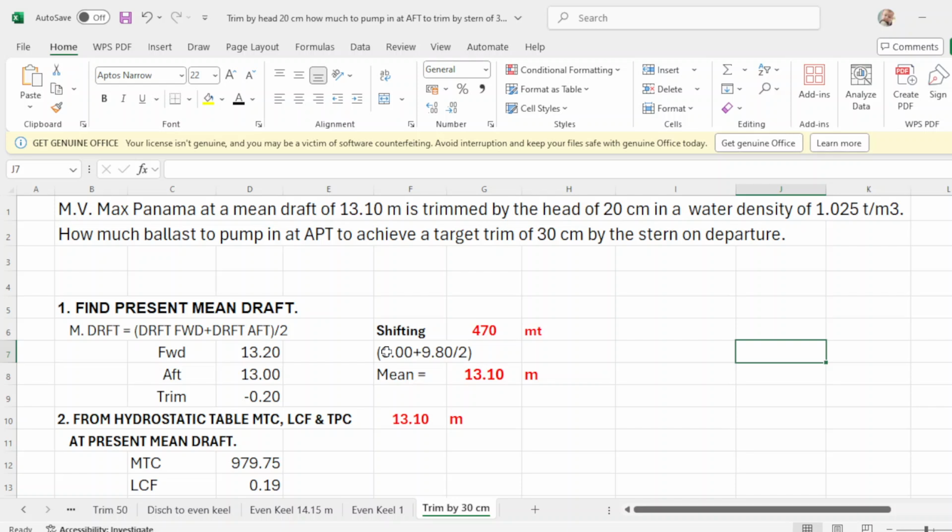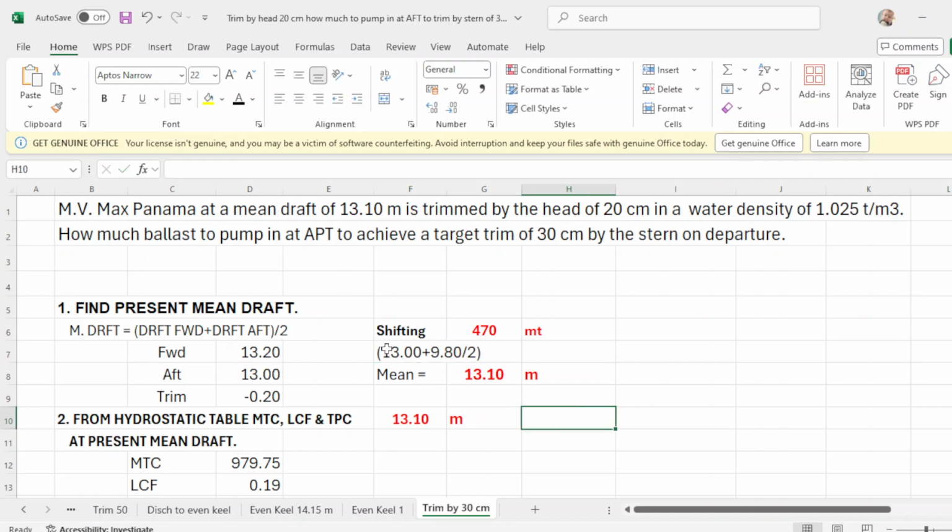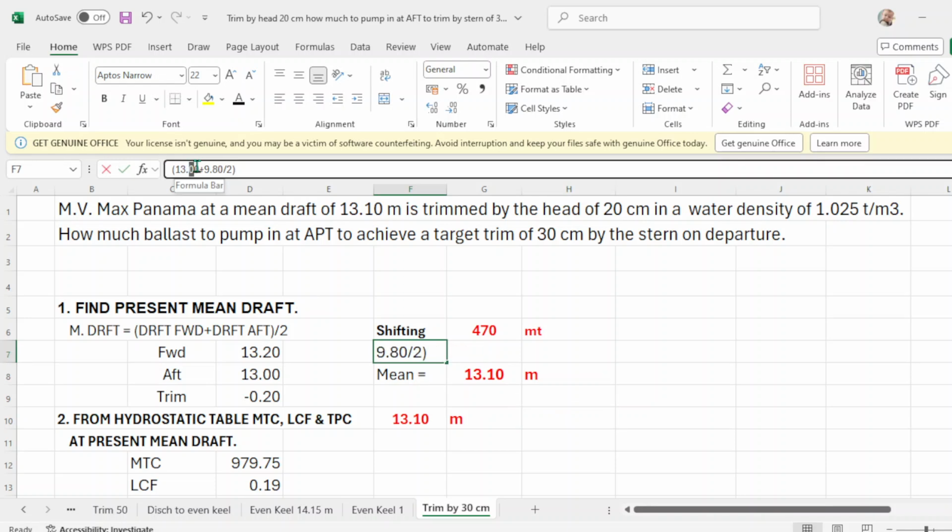Forward should be 13.20, I'm sorry, and aft should be 13.00.